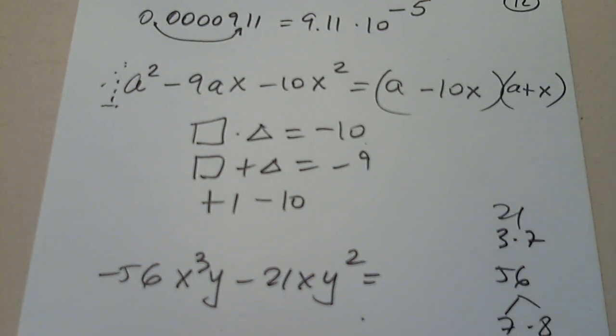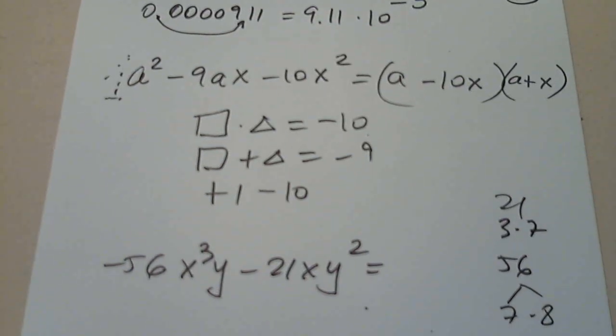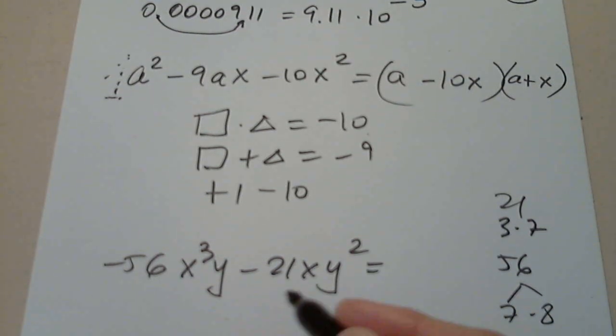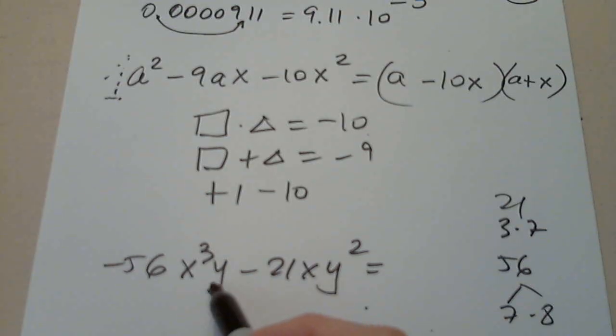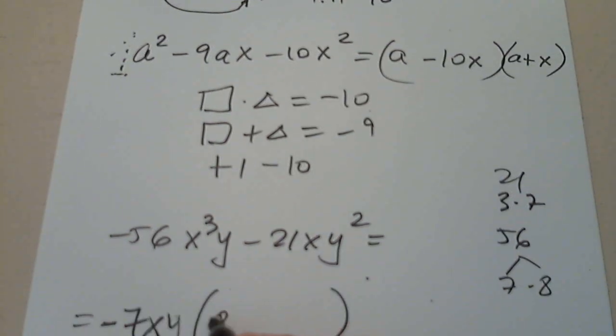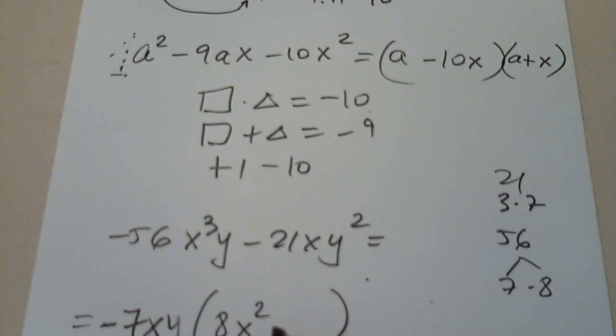So only 7 is the greatest common factor. Then we have xy. Just x because the lowest power is x, power 1, and y because the lowest power is y. So now we have x squared, and we have positive 3y.